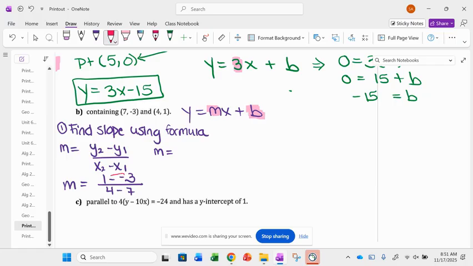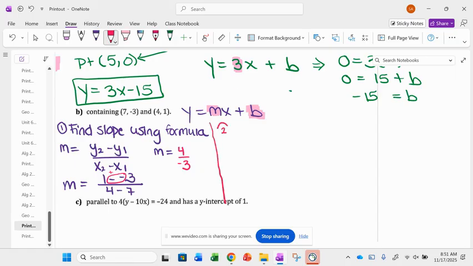That double negative makes a positive. So I'm going to have 4 over negative 3. That's my slope.